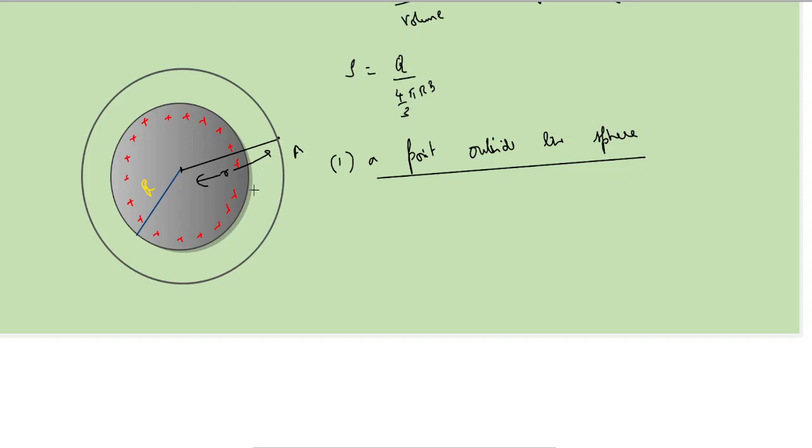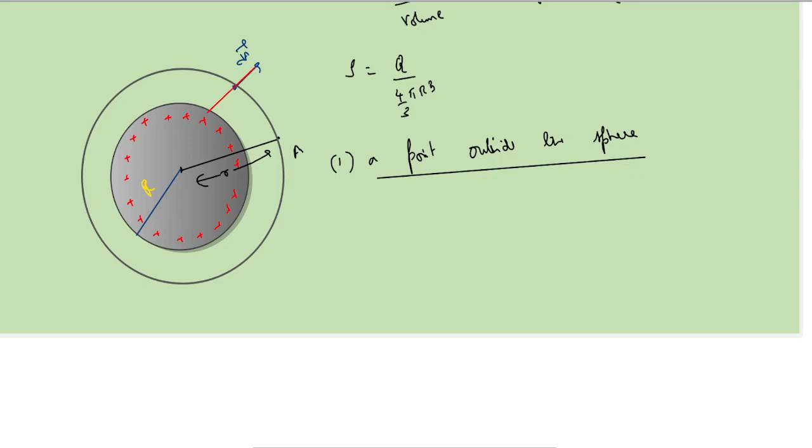Again here, we will take a few small elemental areas. If we take a small area somewhere here, it's on the sphere, so the area vector would be normal to that part, going out normally. And the electric field would also be going out radially because of spherical symmetry.